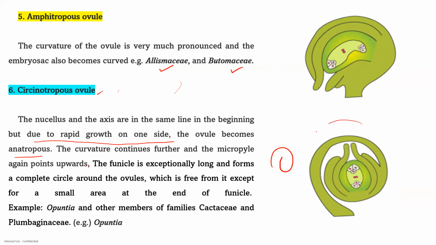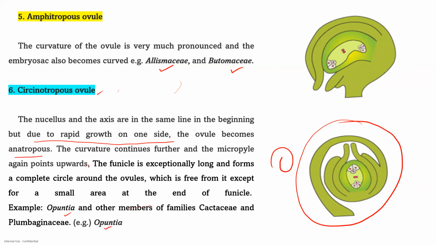See, complete circle around the ovule, which is free from it except for a small area at the end of the funicle. Okay, this is found in Opuntia and other members of the families Cactaceae, Plumbaginaceae. Okay, so this is one example, Opuntia.